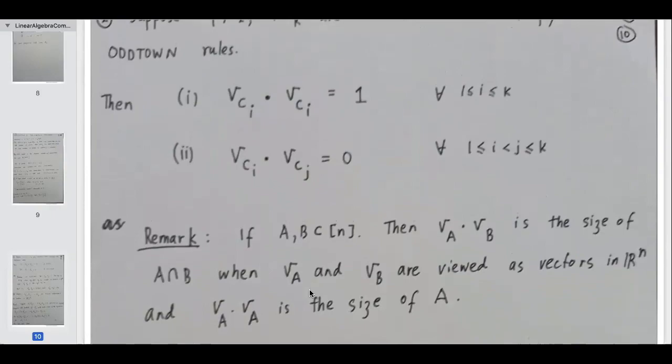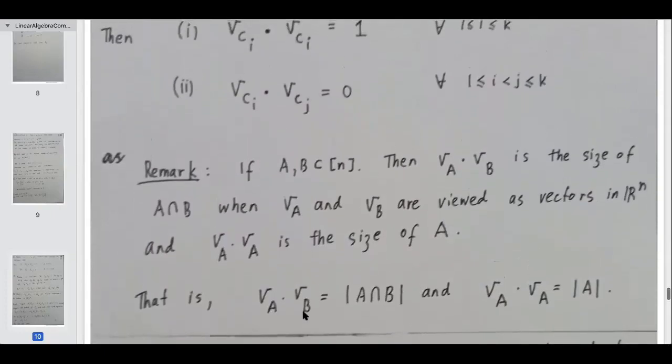And if we take the dot product and don't reduce modulo 2, meaning if it's even, we don't make it 0, and if it's odd, we don't forcibly make it 1, then the dot product actually counts the size of A intersection B, and VA dot VA counts the size of A intersection A, which is just the size of A, in R^n. But when we do the dot product in F2^n, what we get is not the size of the intersection, but whether the intersection is odd or even, or whether the size of the set A is odd or even.